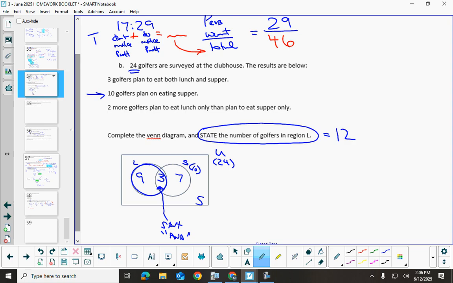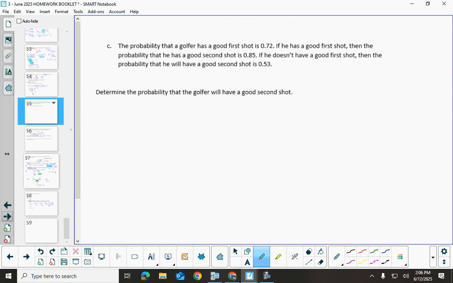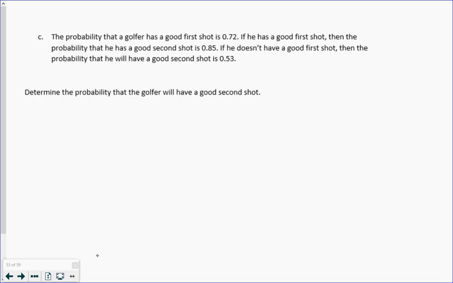So set theory. We've had an odds and probability question for part A. We've had a Venn diagram for part B. So we've got 2 units down. What's our next unit? Notice we're still on the topic of golf, so that's the central theme. It's just coming from different units. The probability that a golfer has a good first shot, it's back to probability.